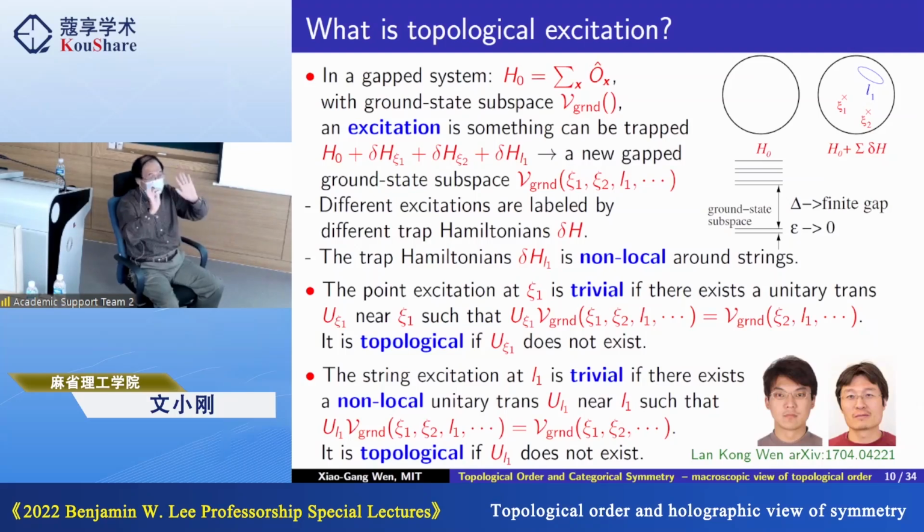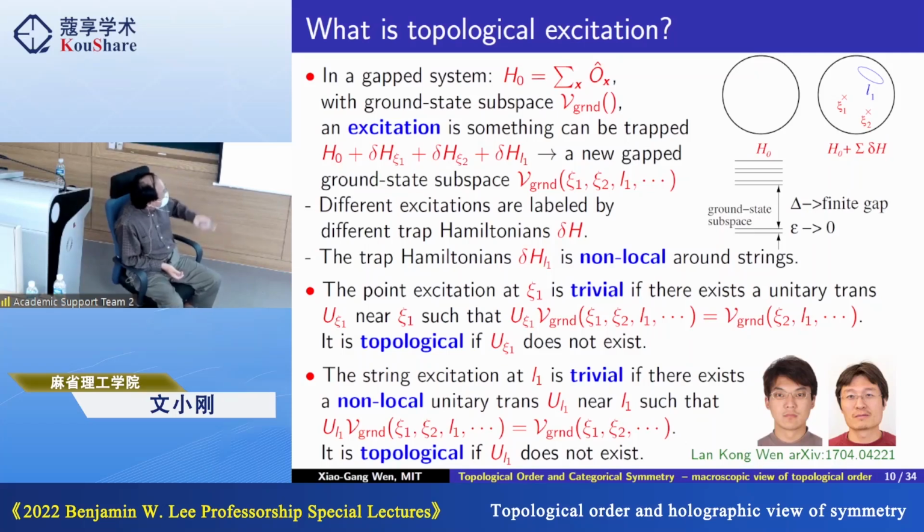If this local unitary operator can rotate the wave function to the wave function with no trap at Ca1, so there's no trap near Ca1, that's another trap Hamiltonian, another ground state. If this ground state can be rotated into the ground state without any trap at Ca1, it can rotate away. It means the trapped excitation at Ca1 can be created or annihilated by a local operator. So it can be destroyed by a local operator. That means trivial.